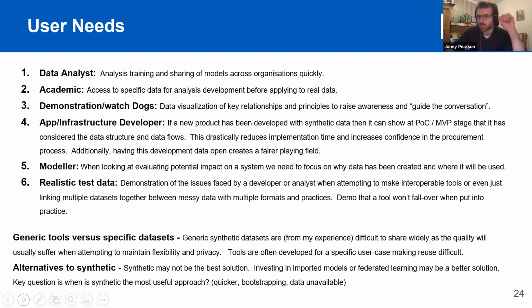App infrastructure development is the one which I'm chasing at the moment. So this is very much giving data to people so that they can produce better proof of concepts for apps and tools, or even machine learning algorithms. It would fit into the same category.